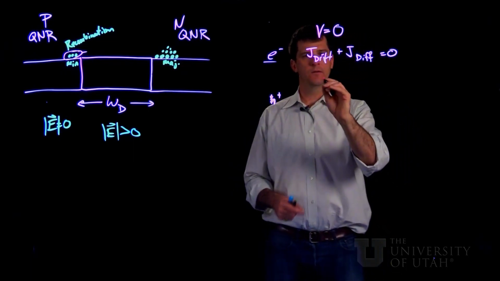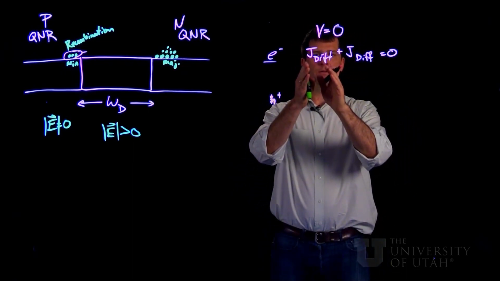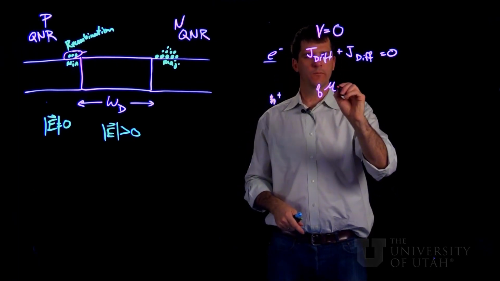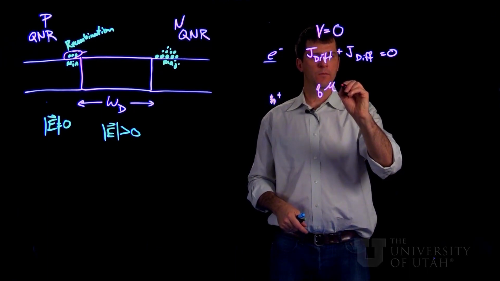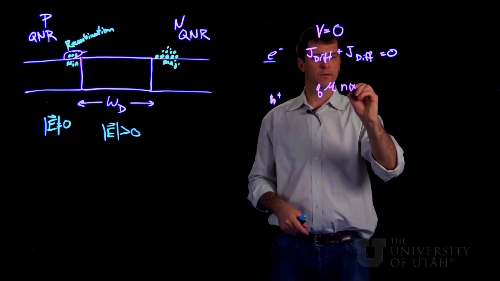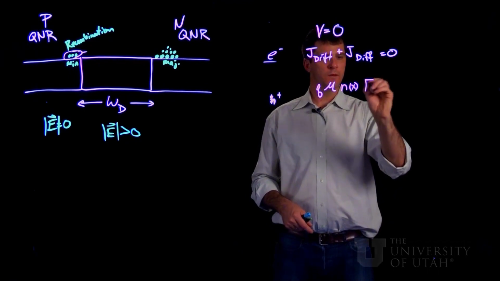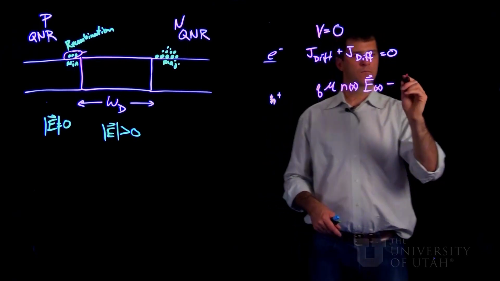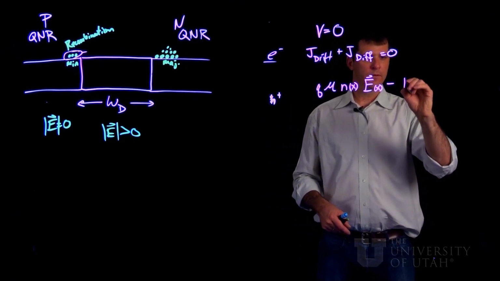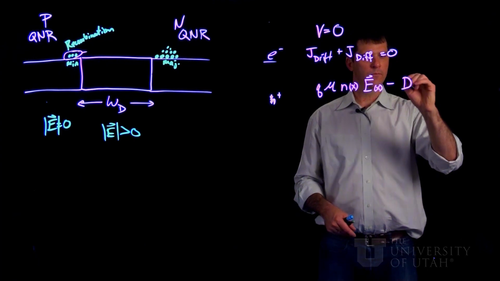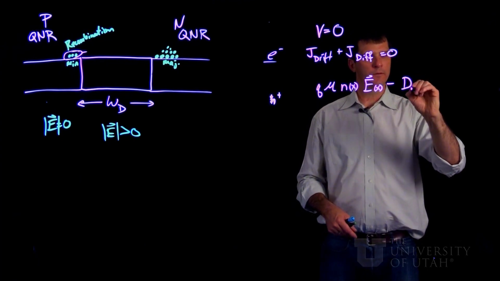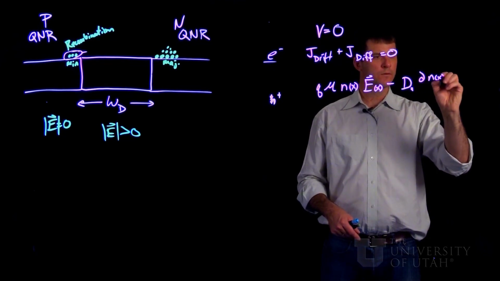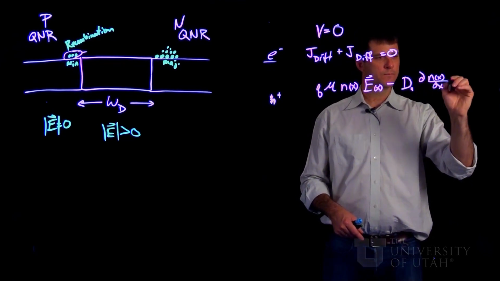So if we write this out, the J drift for the electrons is going to be the conductivity, which is q times mu times N of x, times the E field as a function of x, and then minus the current density given by the diffusion constant D_n times dN of x by dx.